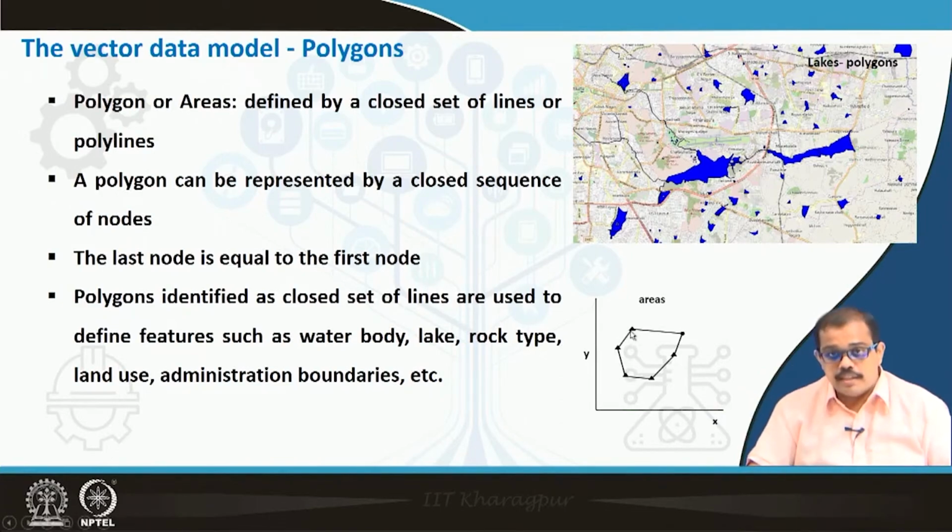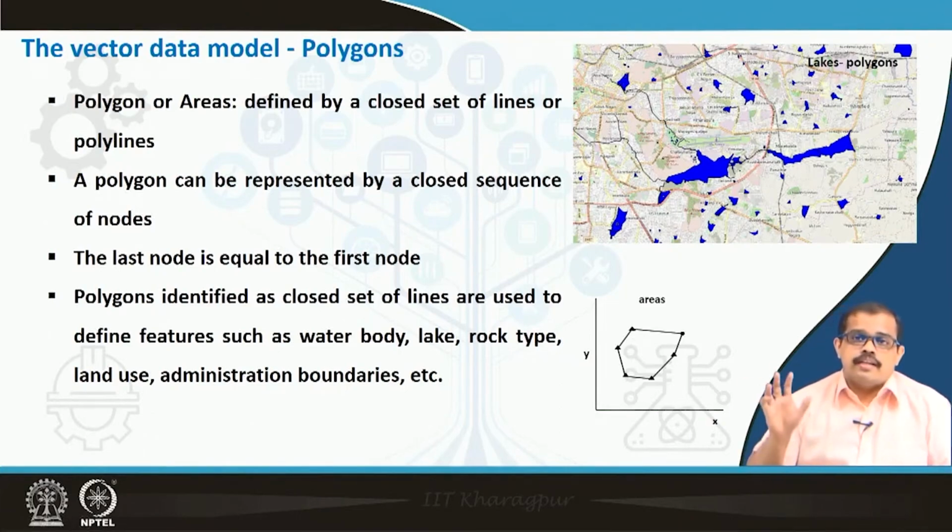If you see this image here down, you have this as a line, second line, third line. These are nodes, not the vertices, node 1 and node 2. There is a start node and end node for each line, finally reaching the same start node of the first line. So, this becomes a complete polygon.